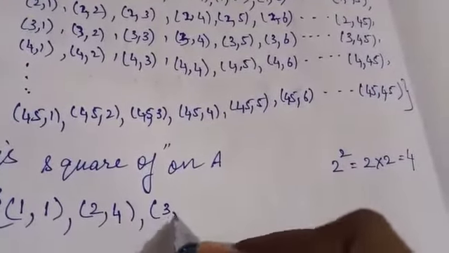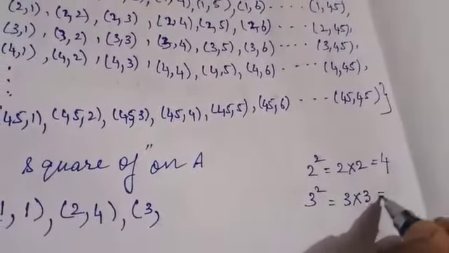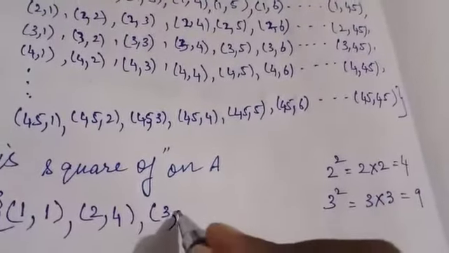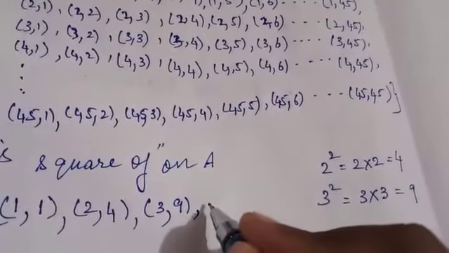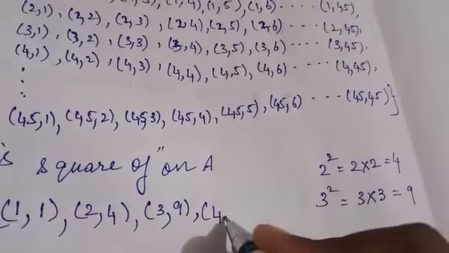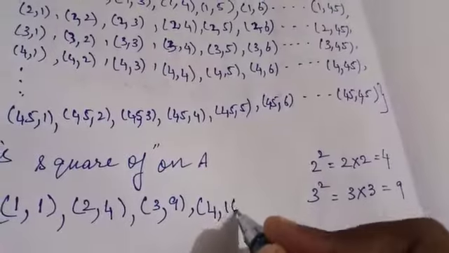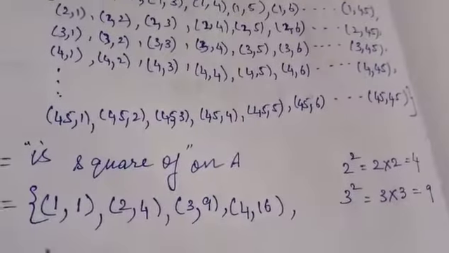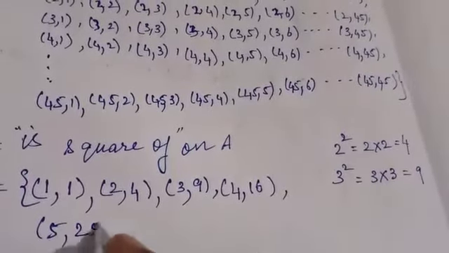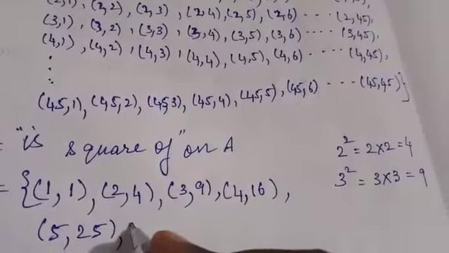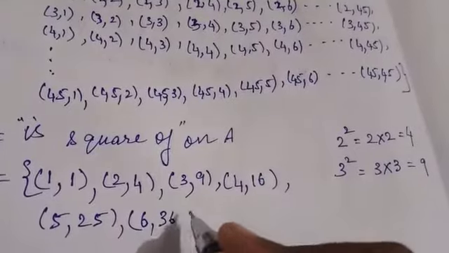Next, the element is 3. Square of 3 is 3 into 3, which is 9. In the same way, the next element is 4. 4 square is 16. Next, 5. 5 square is 25. Next, 6. 6 sixes are 36.